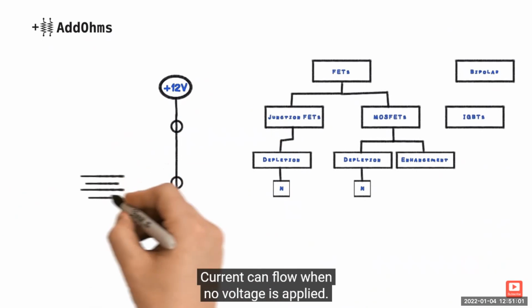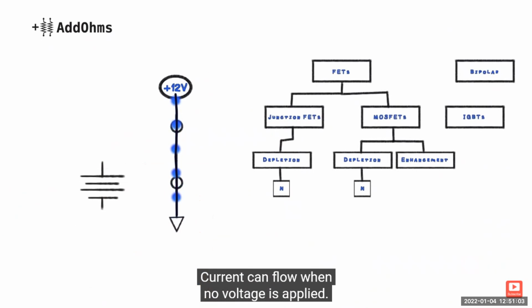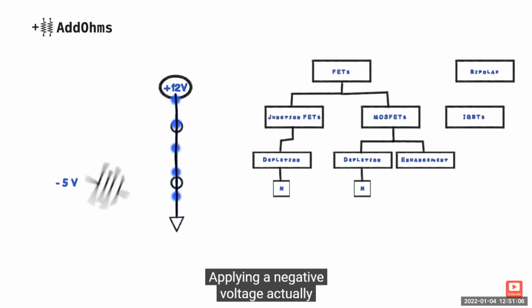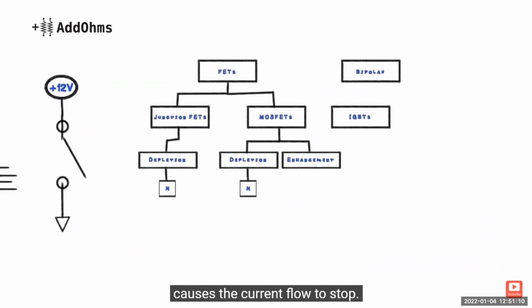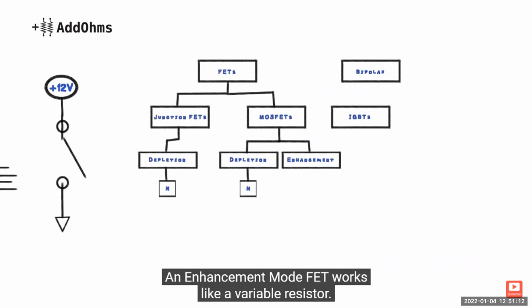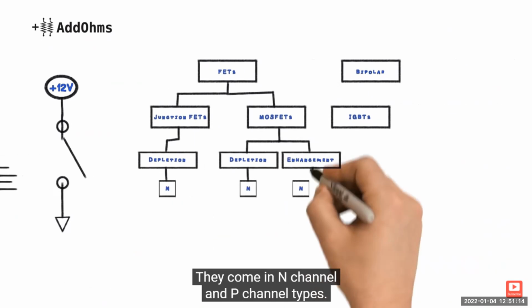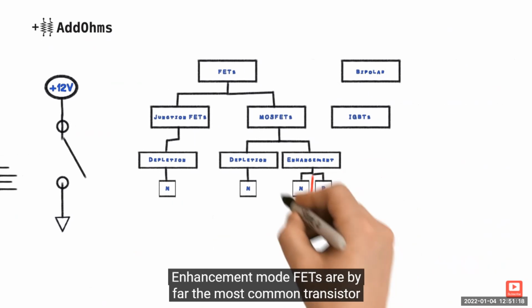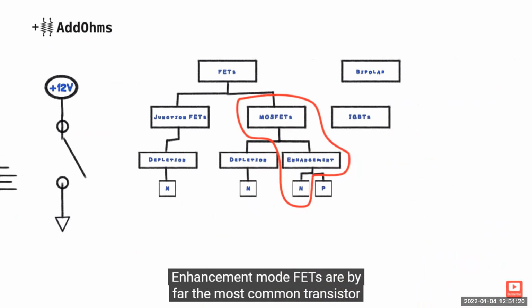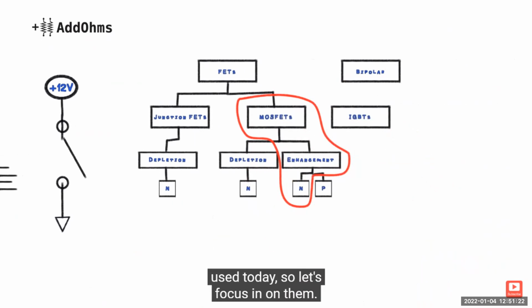Current can flow when no voltage is applied. Applying a negative voltage actually causes the current flow to stop. An enhancement mode FET works like a variable resistor. They come in N-channel and P-channel types. Enhancement mode FETs are by far the most common transistor used today, so let's focus in on them.